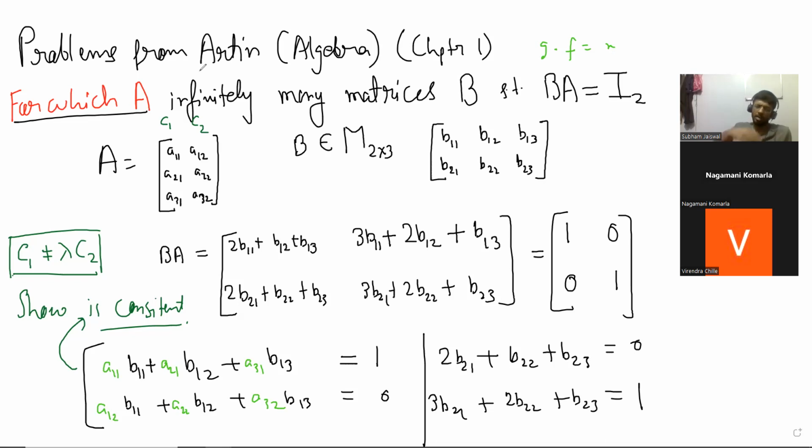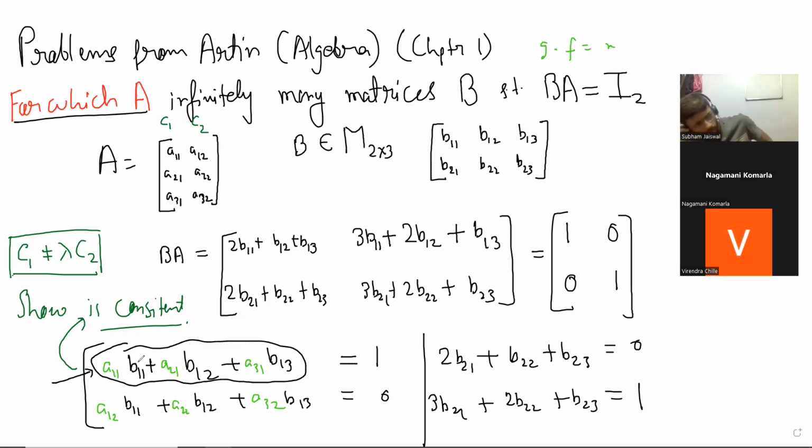The second line, if we consider A12 B11 plus A22 B12 plus A32 B13 as a line, is passing through the origin. But this thing is not a line, right?